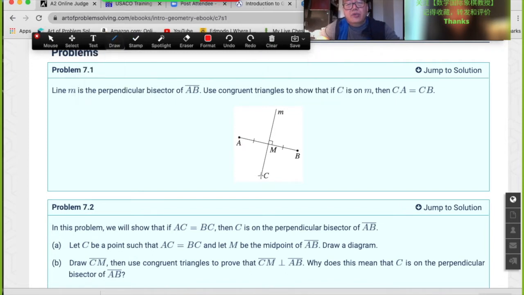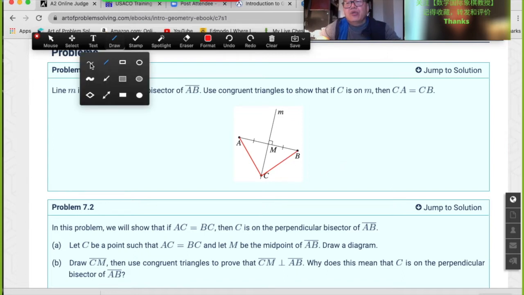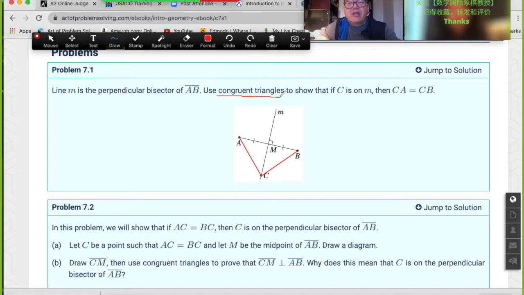They ask you to use congruent triangles to prove, to show that CA equals CB. Can you do that? Can you tell me how to show CA equals CB?